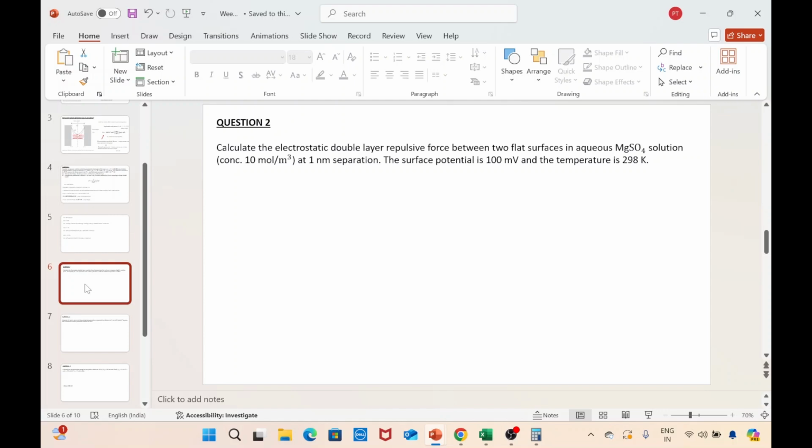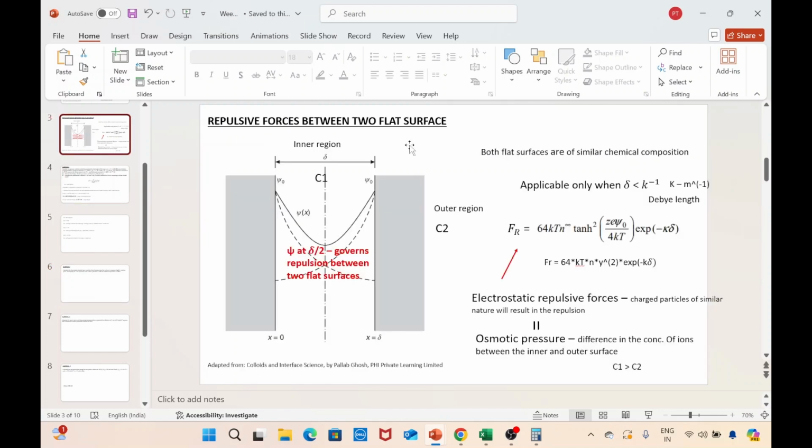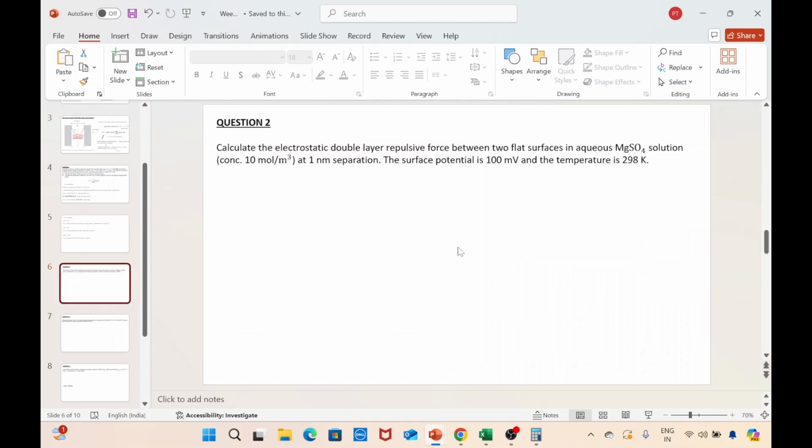Here we need to calculate the electrical double layer repulsive force between the two flat surfaces. We just discussed this concept of repulsive forces, so based on that, we have a question to solve. So the value of Fr.